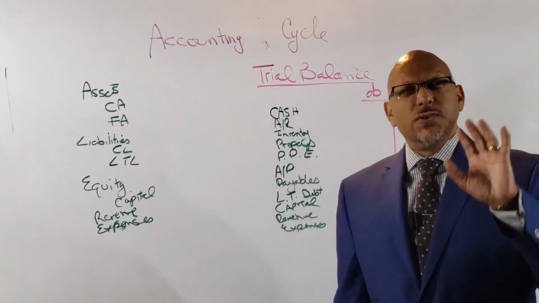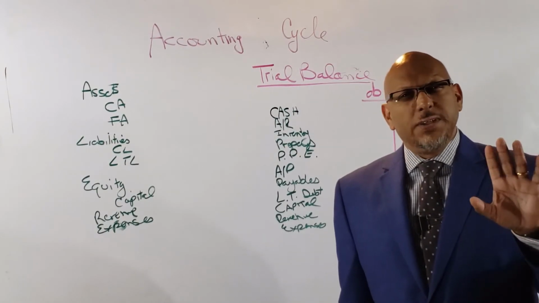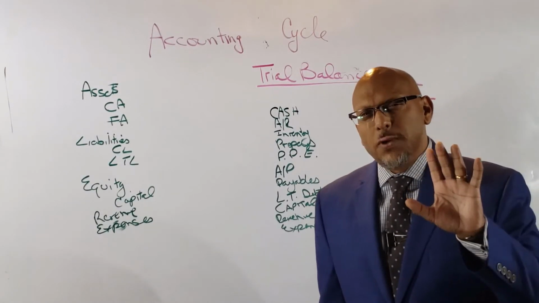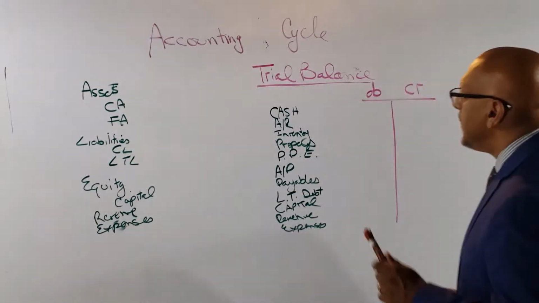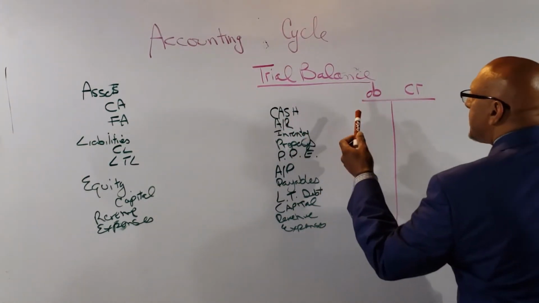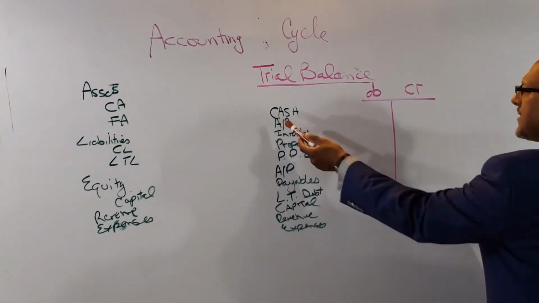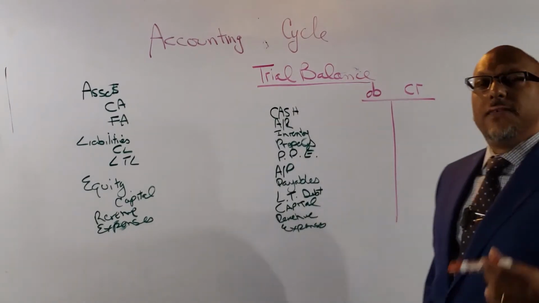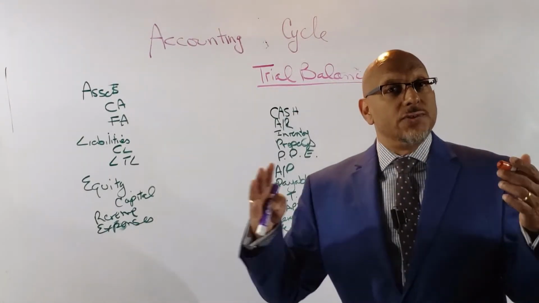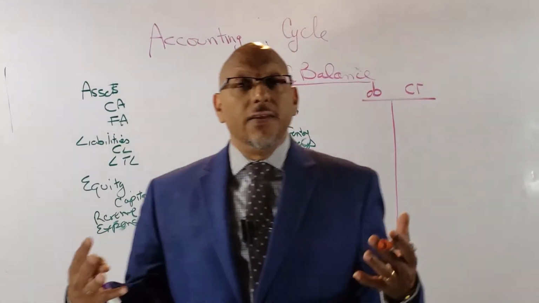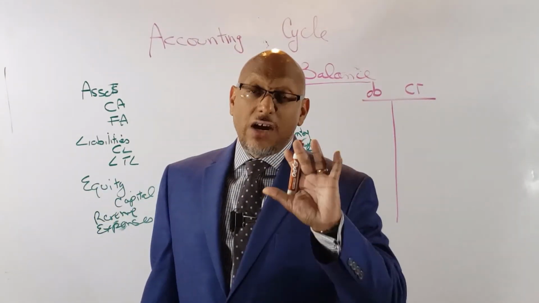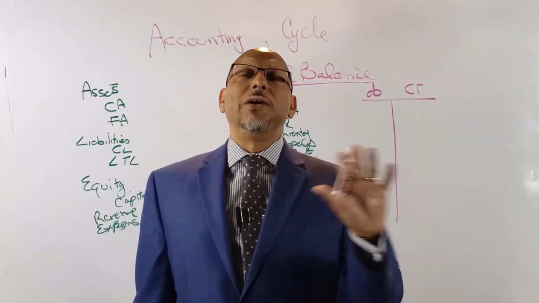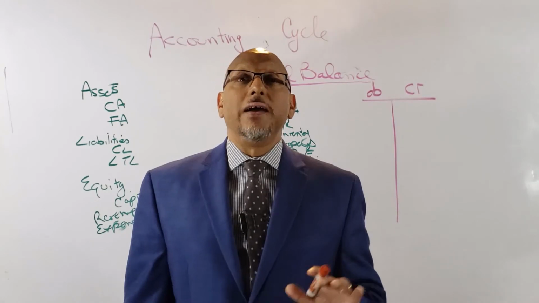I want to focus your attention a little bit here on something very important when it comes to trial balance. The trial balance is the balances of each of these accounts at the end of the period, whether you're talking about the end of the week, end of the month, whichever period you're looking at, or if you're doing it periodically and making a trial balance.